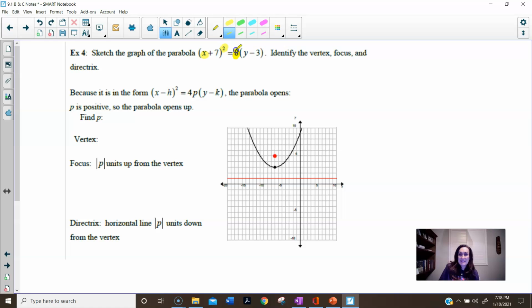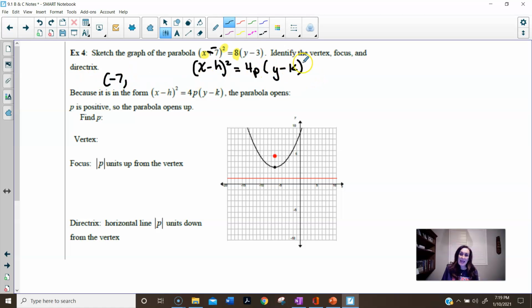Because the 8 is positive, we know that this parabola opens up. Now, x plus 7, remember h's always go with x's. So the formula is (x - h) squared equals 4p times (y - k). So if this is x plus 7, this really is x subtract a negative 7. So the h is negative 7.